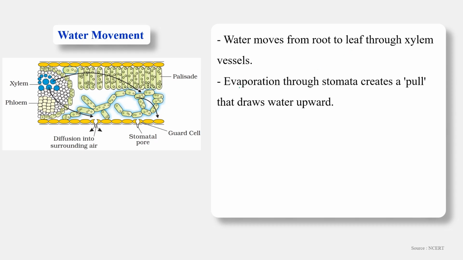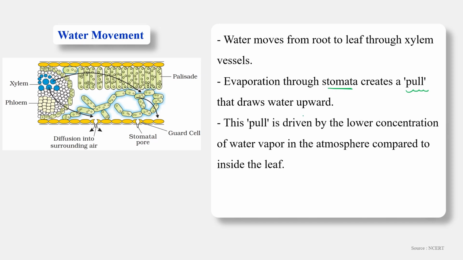Okay, and evaporation also occurs through stomata, and this evaporation creates a pull that draws water uptake. This pull is driven by the lower concentration of water vapor in the atmosphere.